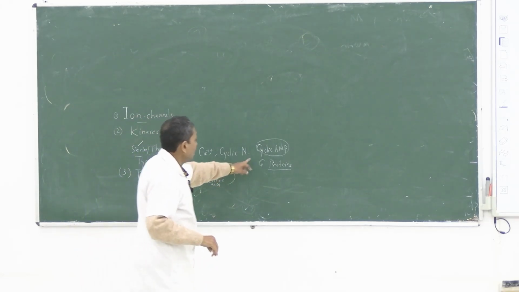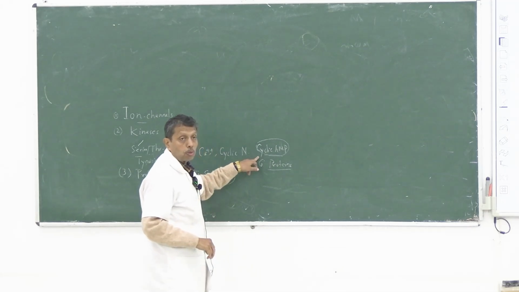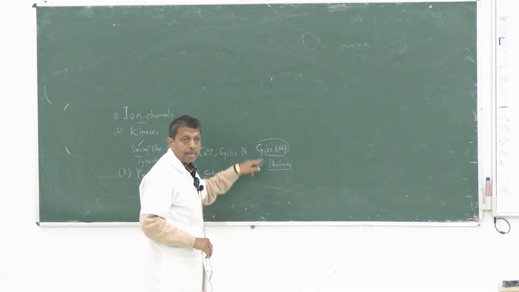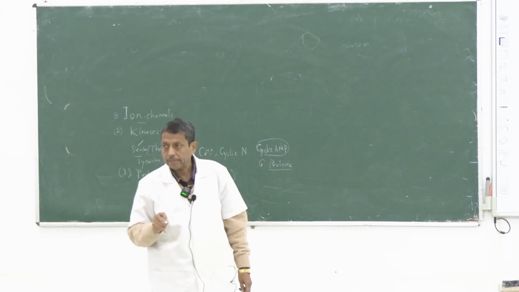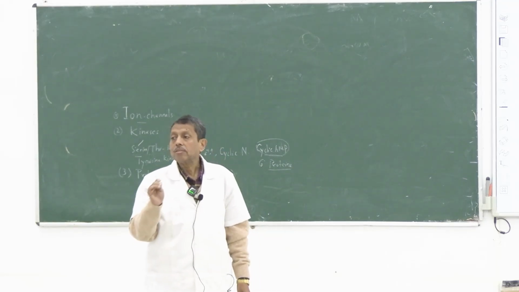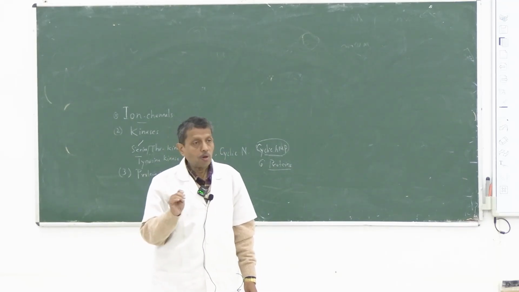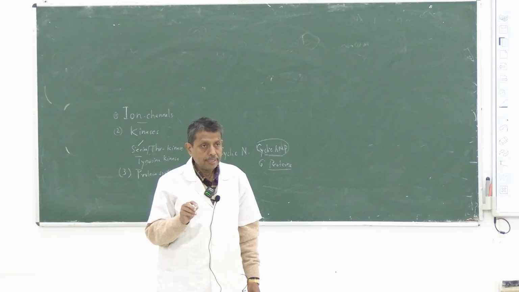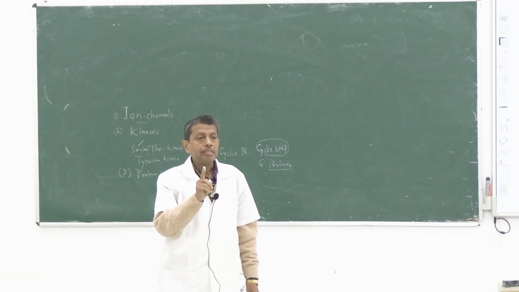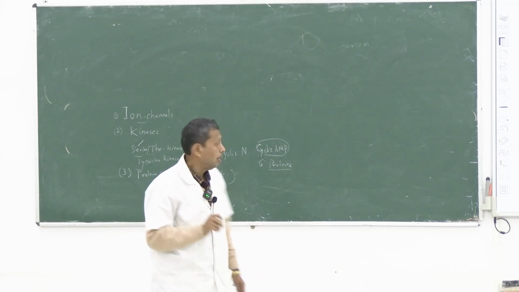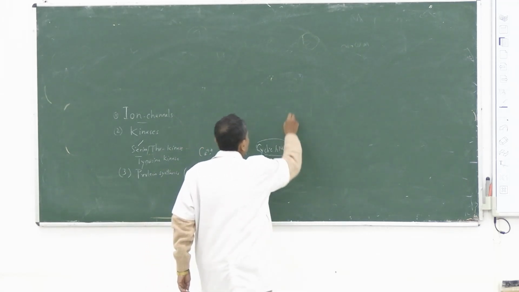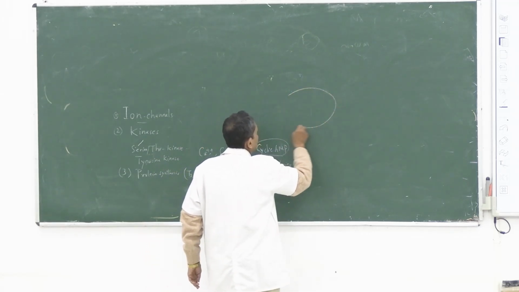Now, cyclic AMP is important for the examination. It is produced from ATP, and here we have the terms first messenger and second messenger, which are part of hormone action. The hormone is the first messenger, and it has its appropriate receptor. Now consider a cell.